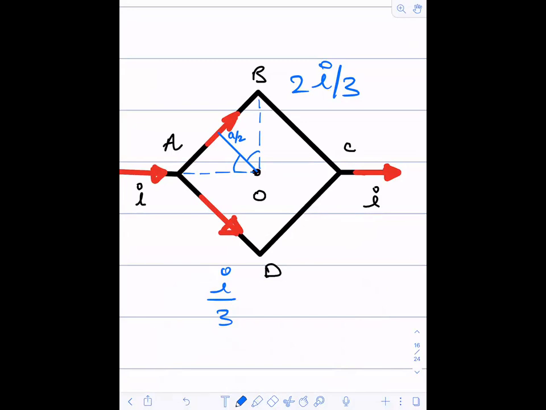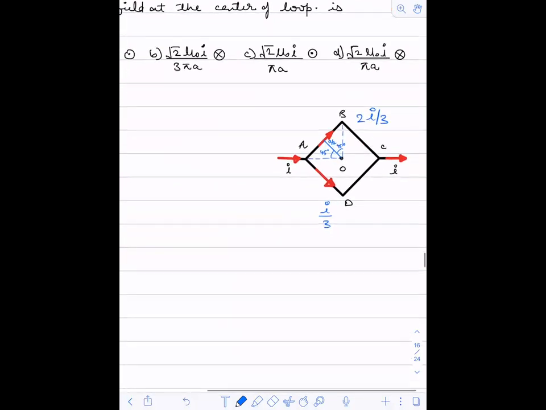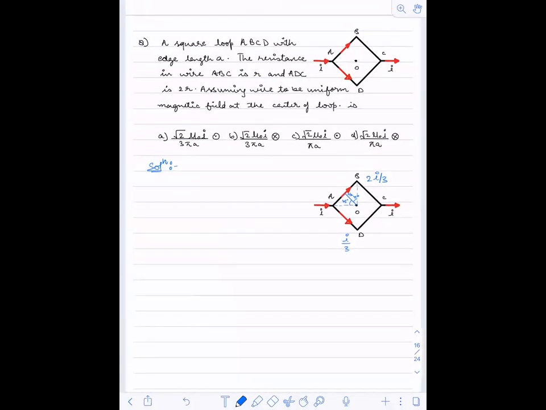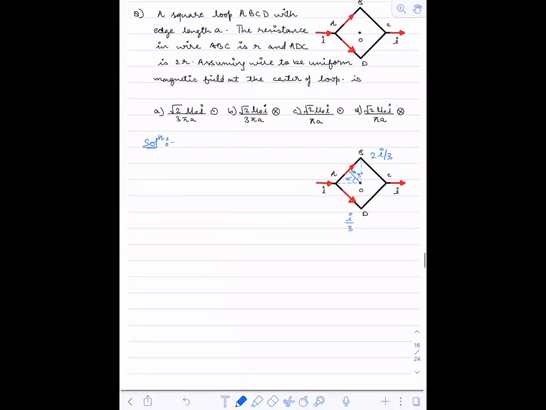Good. How did you get 60? That's why I'm saying, basic trigonometry and geometry is involved in this. Basic trigonometry and geometry will be required in this chapter, so don't make mistakes.